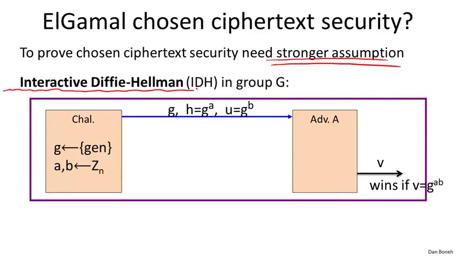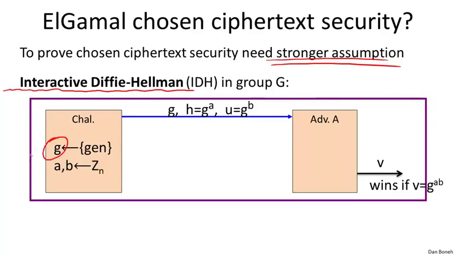And actually, technically, we really don't like this assumption, and we're going to try and get rid of it later on. But for now, we just want to analyze the security of the basic ElGamal system against chosen ciphertext attack. So to argue that it is chosen ciphertext secure, here is what the assumption says. Basically, the challenger plays a game with the adversary.